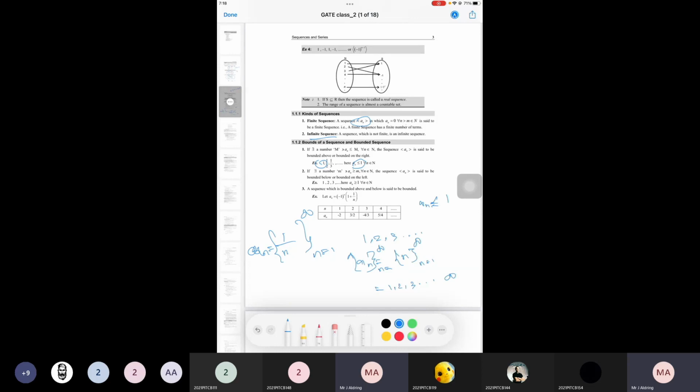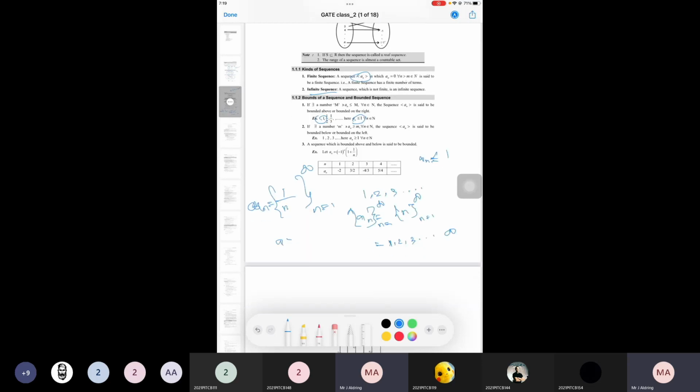Here you can see that 1 is the smallest value. an is greater than or equal to 1. Here always 1 is the smallest value. That means that is bounded below.